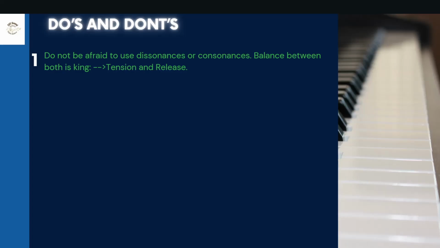Why is it part of the music? Because we need to create a balance between the both so we can create the balance of tension and release. Without tension, we get bored. If everything is tension, and with dissonance, we actually get a little bit nervous.